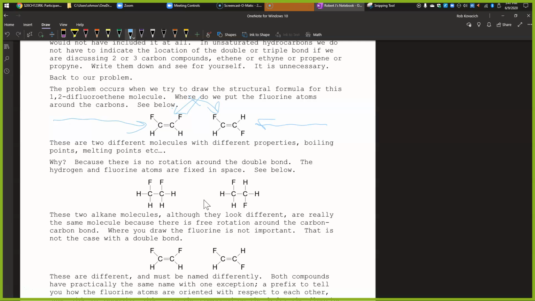It didn't matter on the single bonds because the bond spun, but now that the bond is a double bond, these guys are considered cis because they're on the same side of the molecule. And these guys are considered trans because they're on the opposite side of the molecule. And they're different molecules. So where have you heard those prefixes before? Cis and trans. Cisgender and transgender.